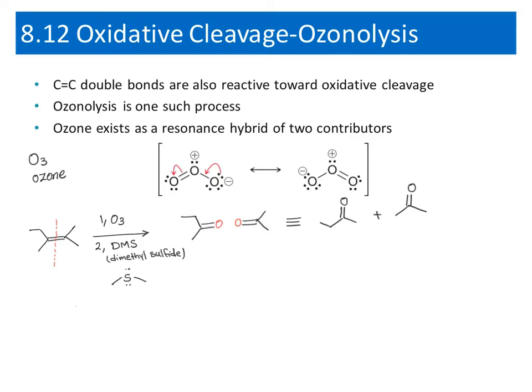Now let's look at the mechanism for this reaction. We have our alkene. This is the ozone molecule. The mechanism for this reaction is concerted, meaning that the oxygen with electron density is going to attack the carbon on one side of the double bond.